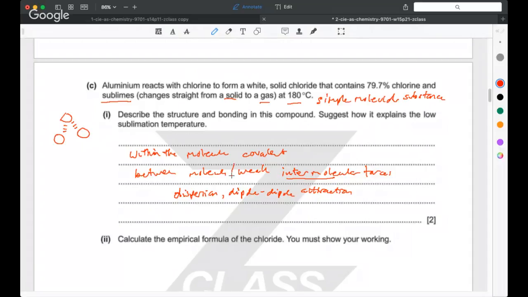And because these are weak forces, you need a relatively small amount of energy to overcome the weak intermolecular forces. So, I think you've got to get all of that in for your 2 marks, that within the molecule there are covalent bonds, between the molecules there's weak intermolecular forces. They're either dispersion forces or dipole-dipole forces. It could be both, actually. And then, because we've got a low sublimation point, a relatively small amount of energy is needed to overcome those forces.